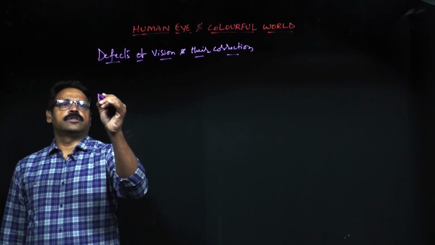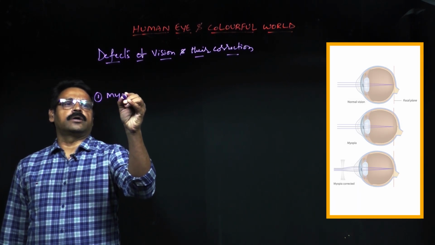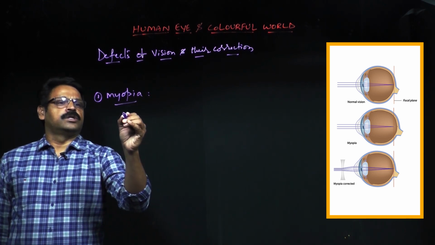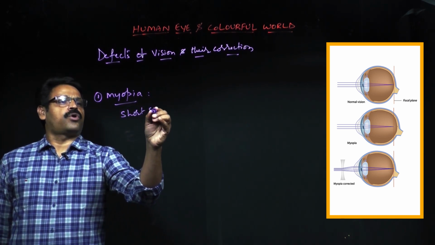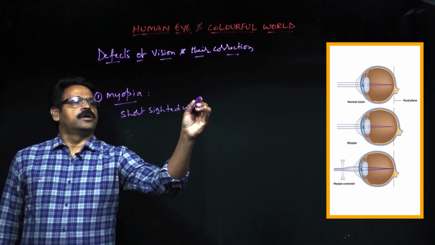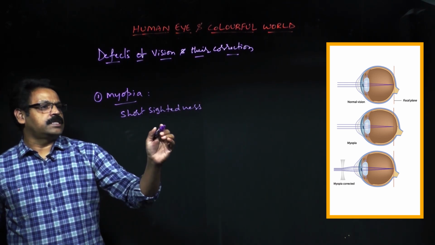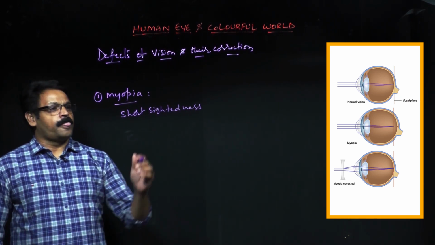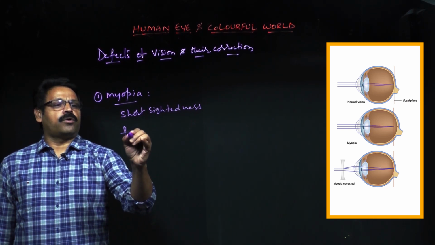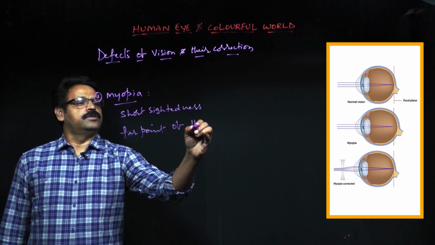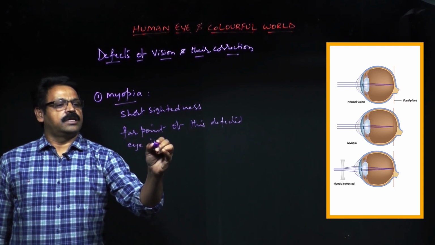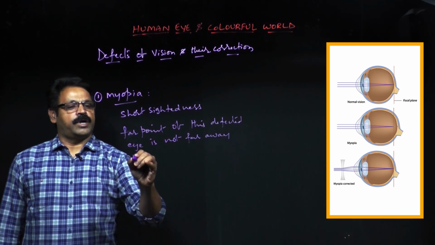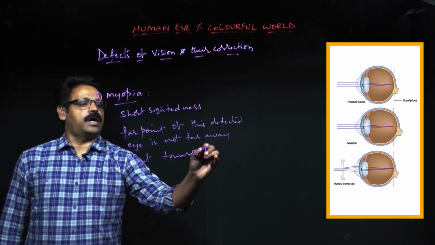The first one is called myopia. And this myopia is often called short-sightedness, which means the eye with this defect can see the nearby objects clearly and cannot see the farther objects clearly, because the far point of this defected eye is not far away but towards the eye, as shown in the figure.